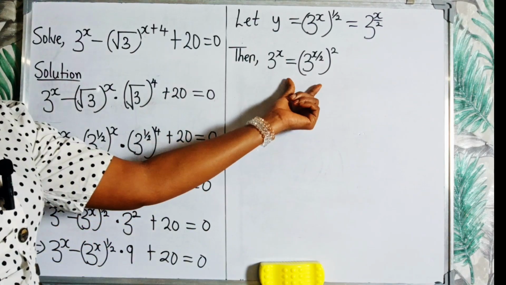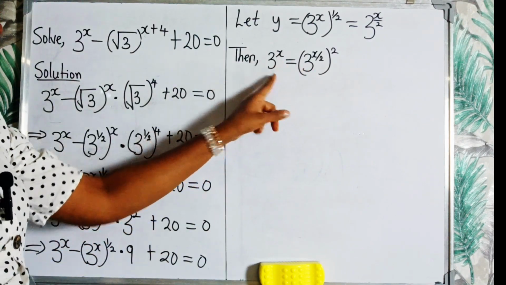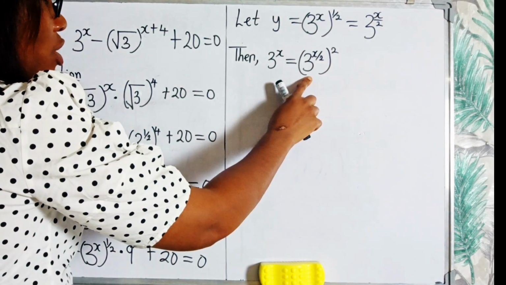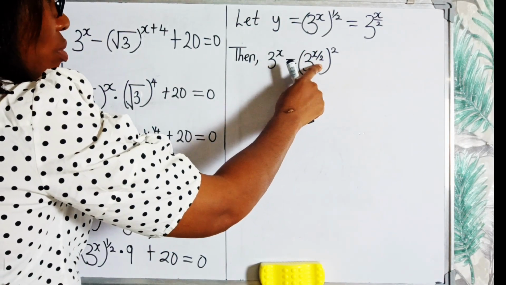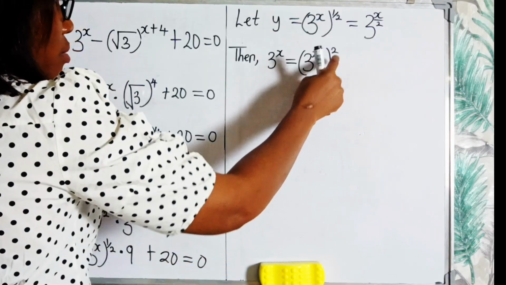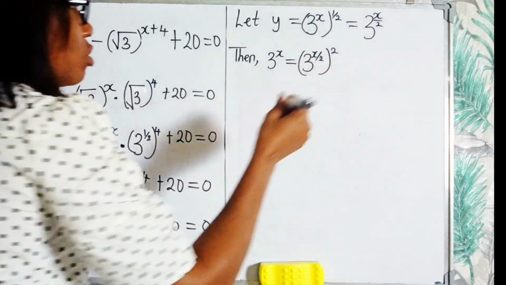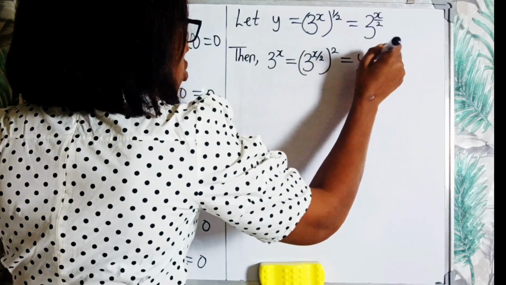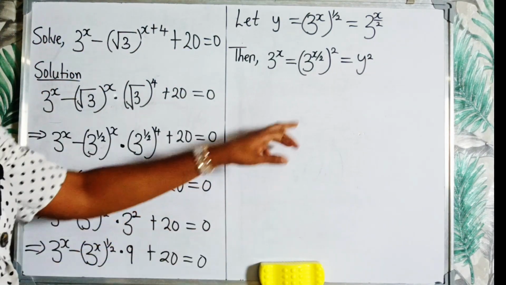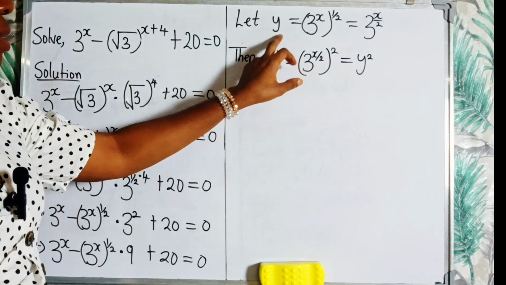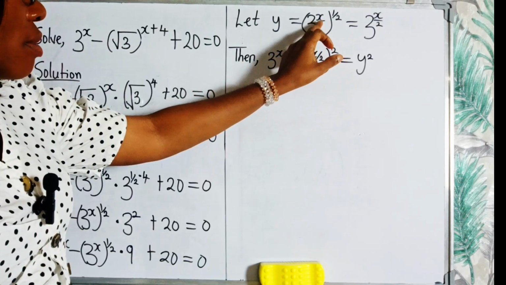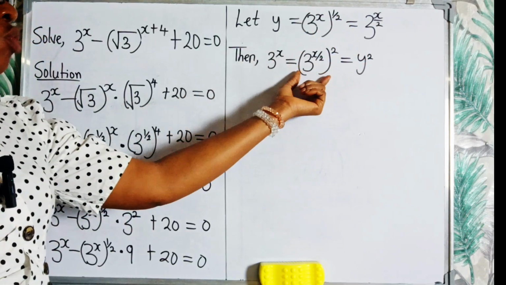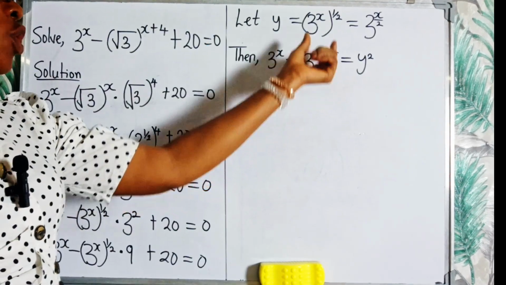That is why I wrote this here. So 3^x is equal to 3^(x/2), which is what we have here, raised to power 2. So this is equal to y squared. Remember that our y is equal to this and equal to this.